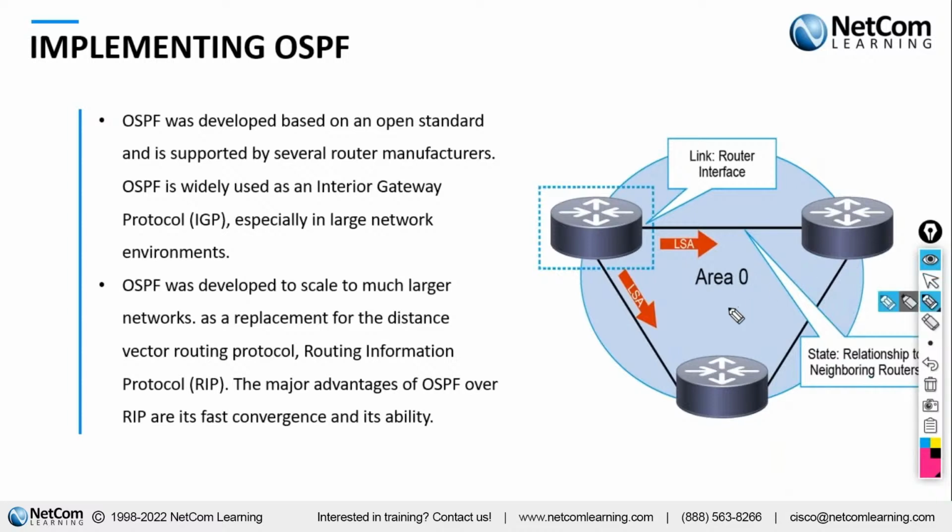You're going to start from area 0. This is your backbone area, and that is your starting point. And later, if you really want to add any other areas, yes, you can add. Let's say we are working in Europe, we are working in Asia. If I want to add my branches over there, I can add multiple areas. But while you are implementing OSPF, this is your starting point. You can start with area 0, and then you can add information.